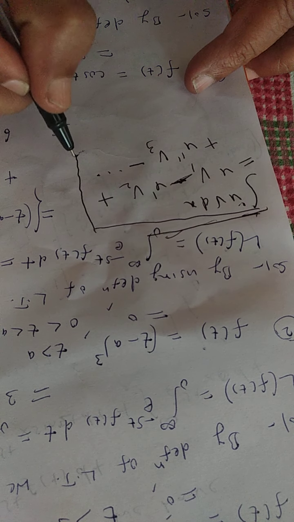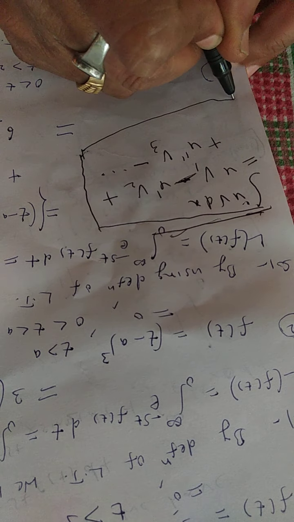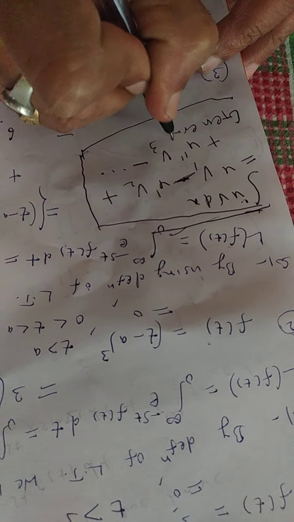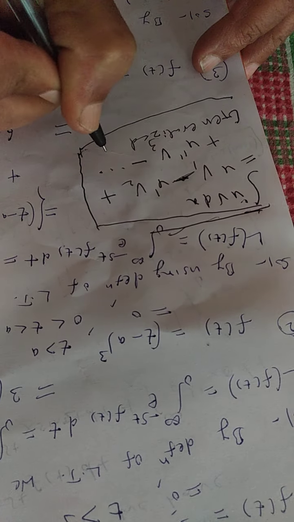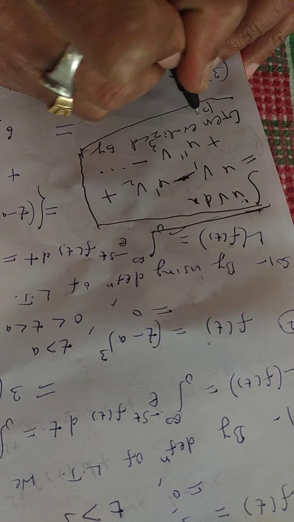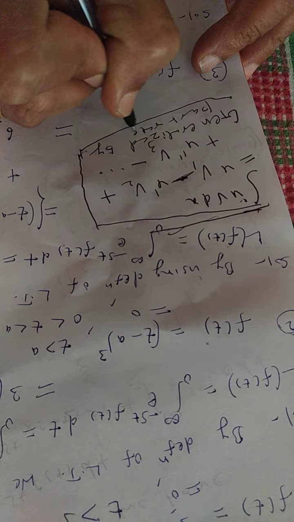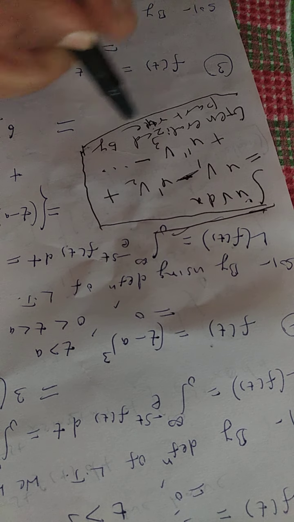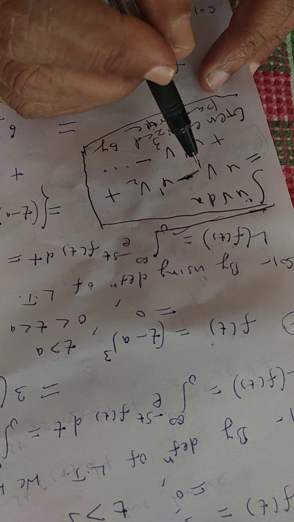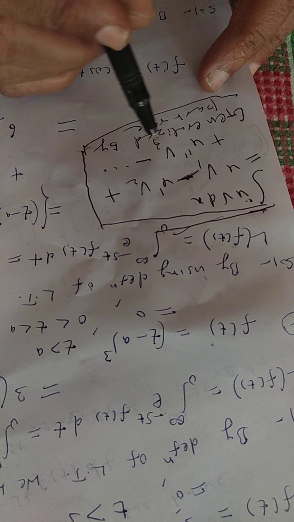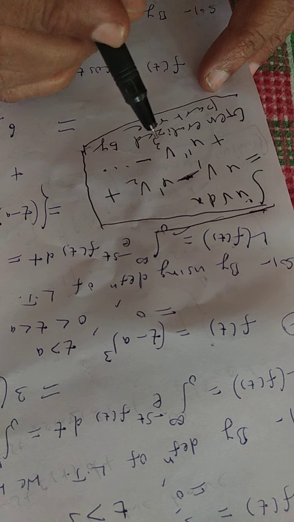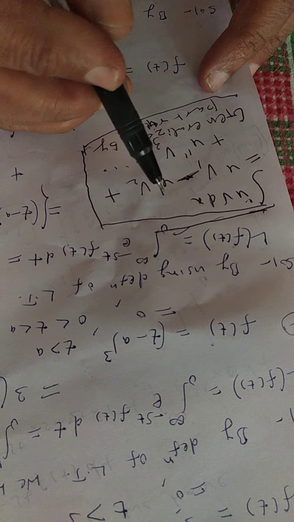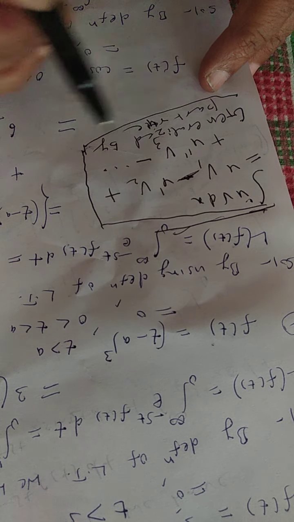So this is called the generalized by parts rule, where these suffixes 1, 2, 3 indicate the integrations, and these dashes indicate the derivatives.